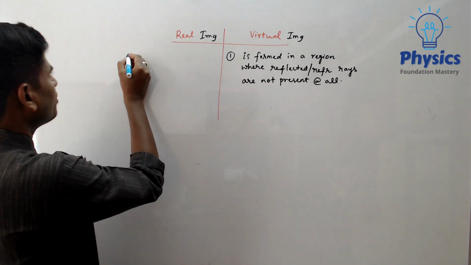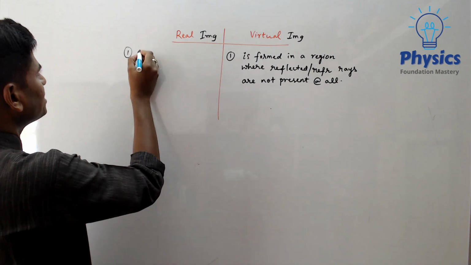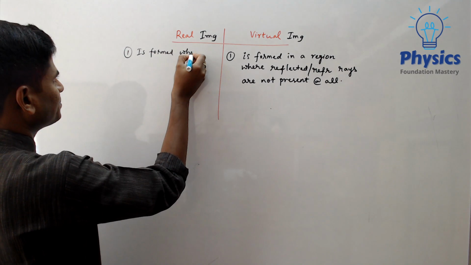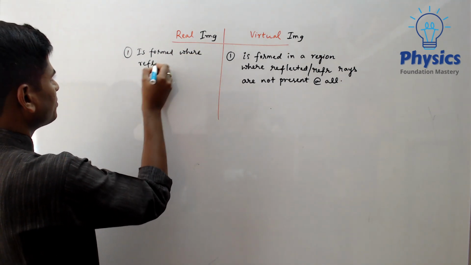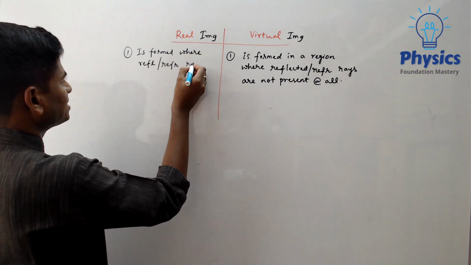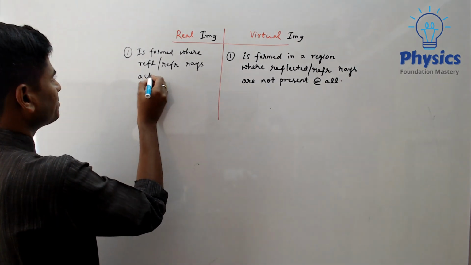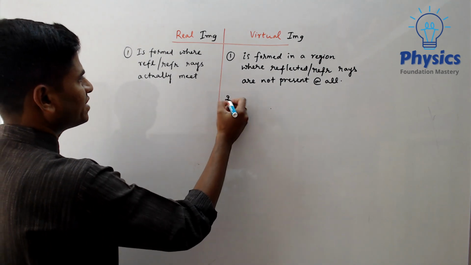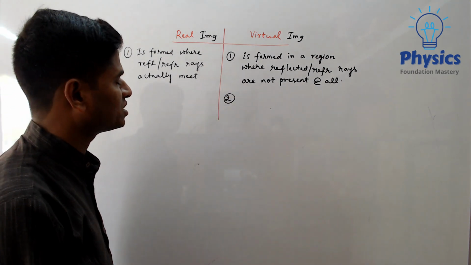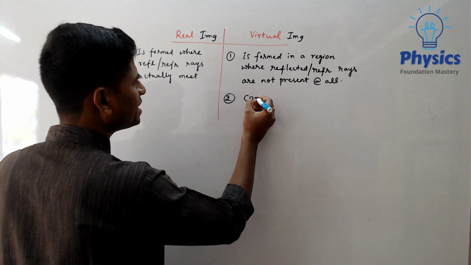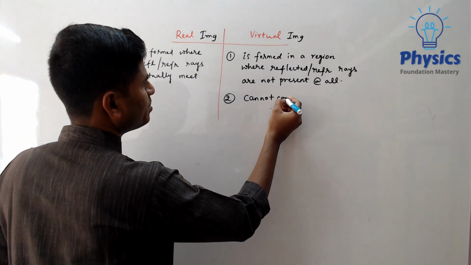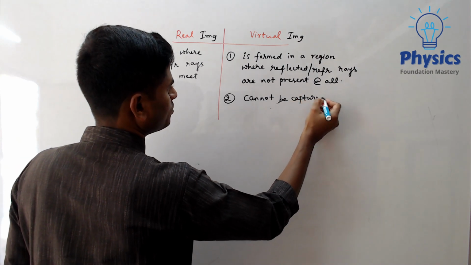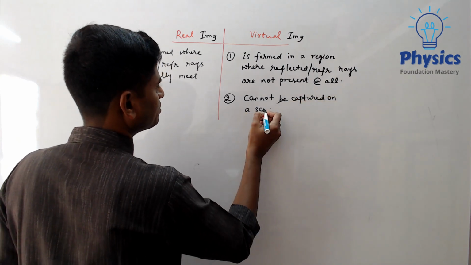However, a real image is formed where reflected or refracted rays actually meet. The second very important point about virtual images is that they cannot be captured on a screen.